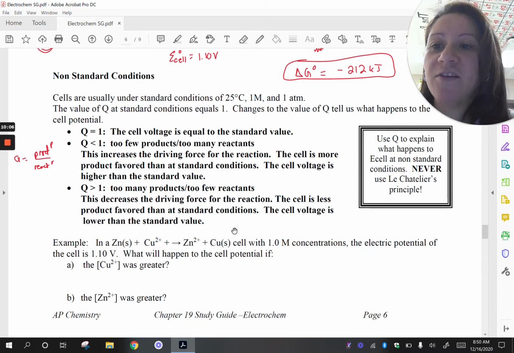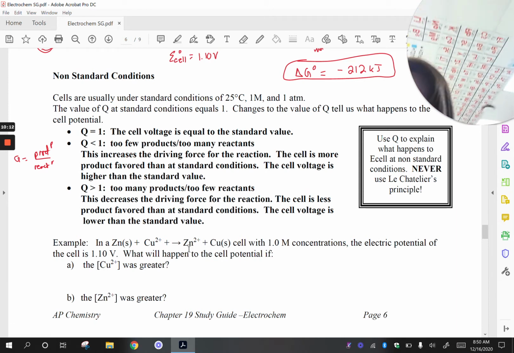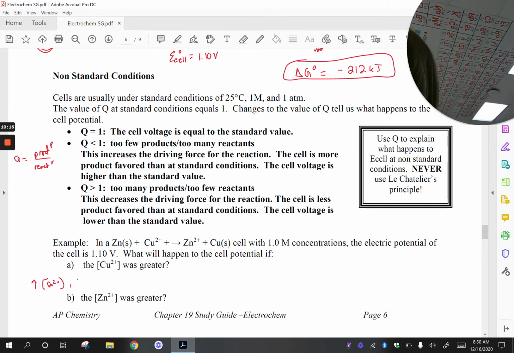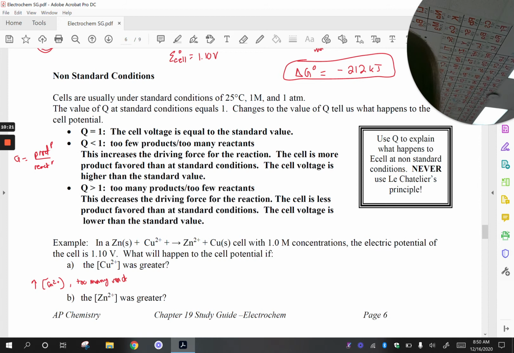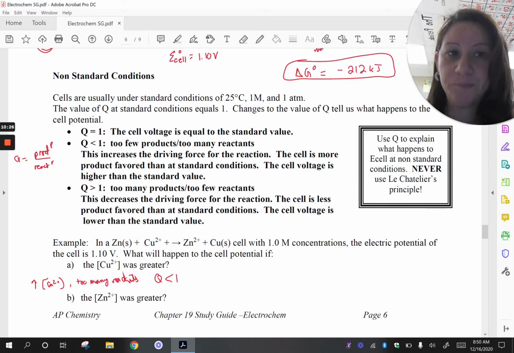So if I have too many reactants, if I increase my reactants, that means my Q is less than 1.